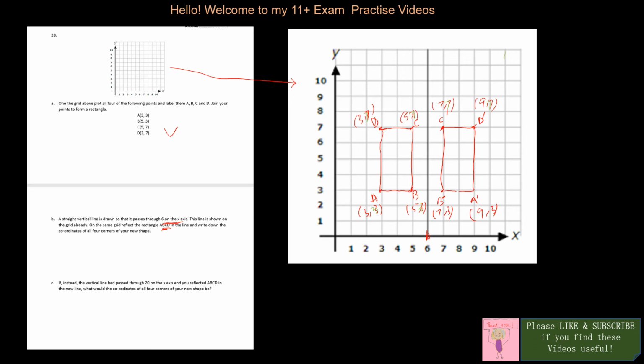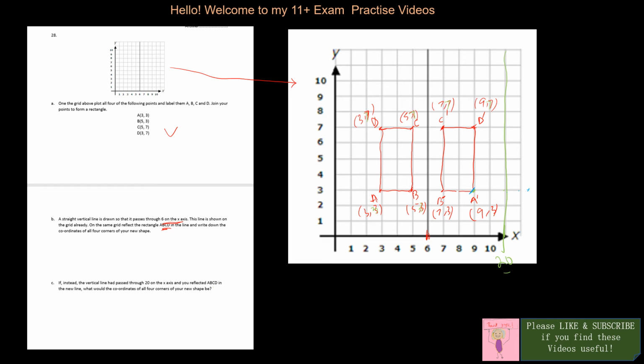So let us make an imaginary line here, and let us say this is 20. So if this is 20, that's where the line passes through. Then this point would be reflected here somewhere.